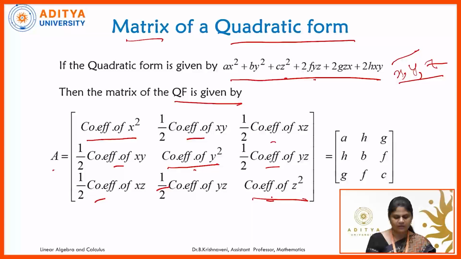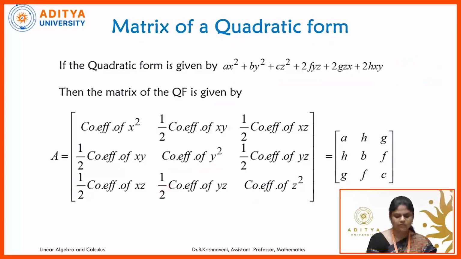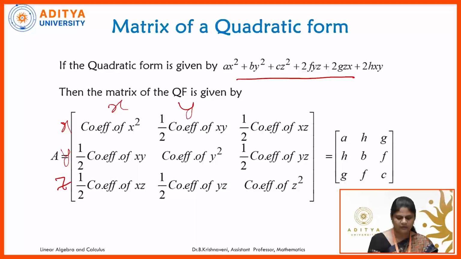Now I can explain easily how we write the coefficients. While writing the matrix of the quadratic form, first see which variables the quadratic form contains. Here the variables are x, y, z. So let us represent each row and each column of the matrix with x, y, z.